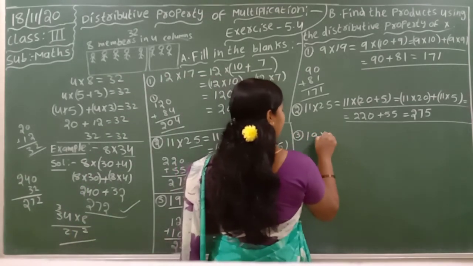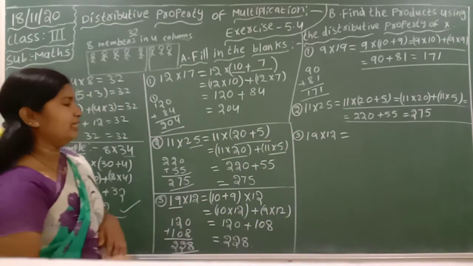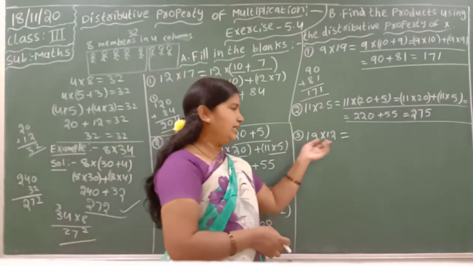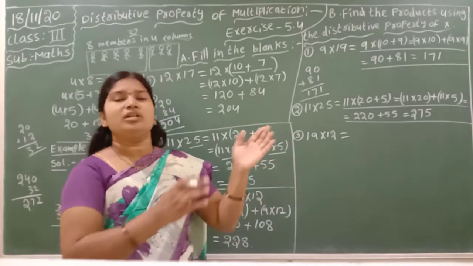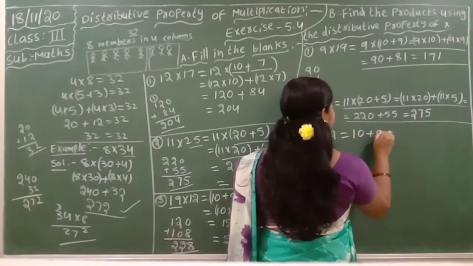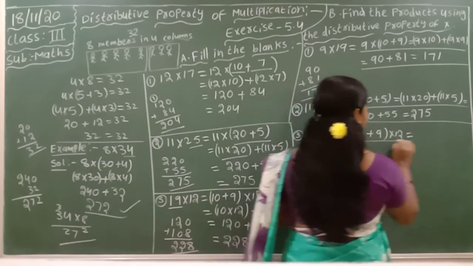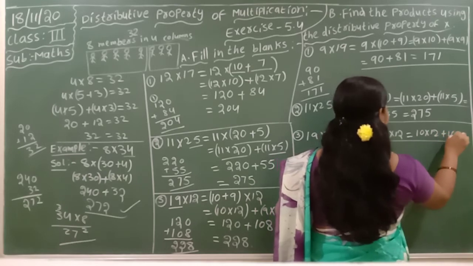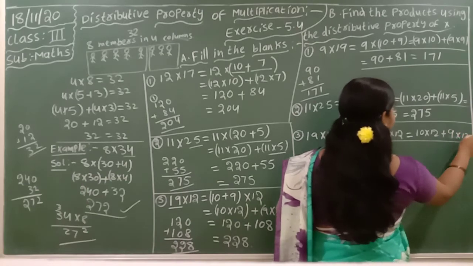Same like this, third question, that is 19 into 12. Here which is the big number? Compare the two numbers, 19 and 12. 19 is the big number. So the big number you have to separate into two smaller numbers. That is 10 plus 9 into 12, is equal to 10 into 12 plus here 9 into 12.